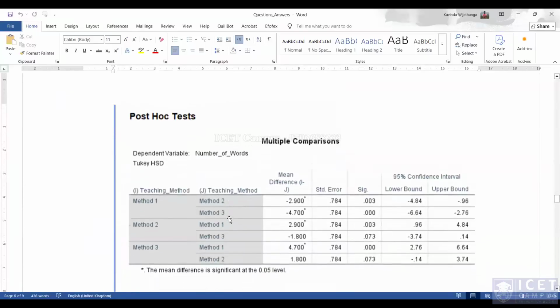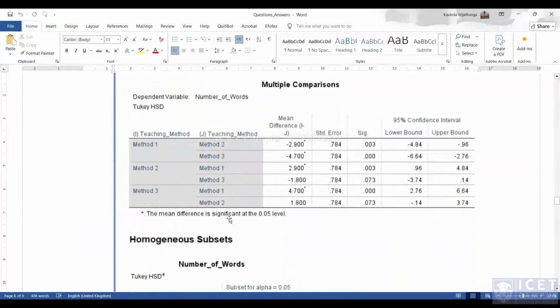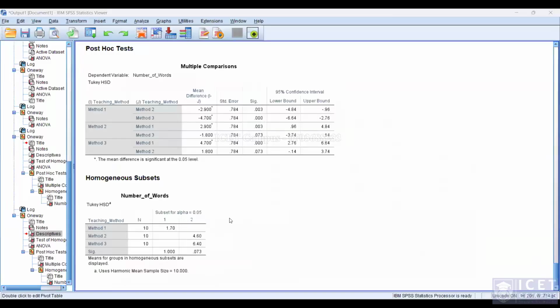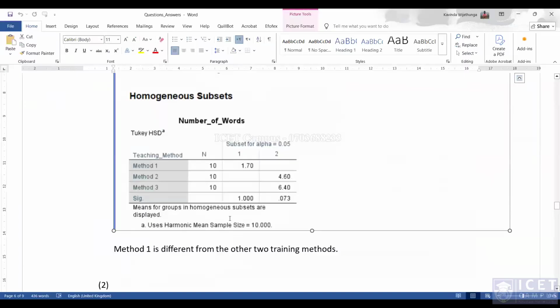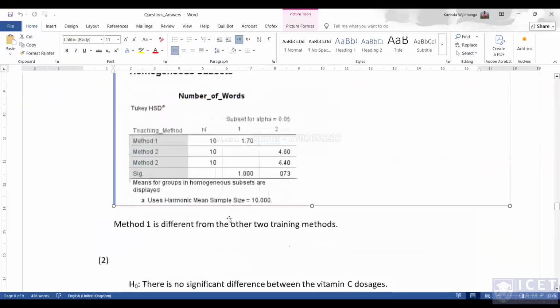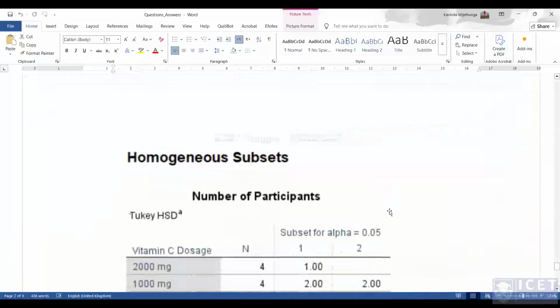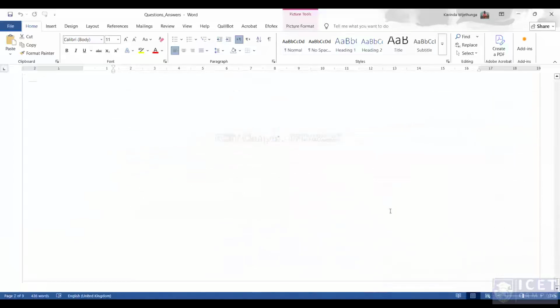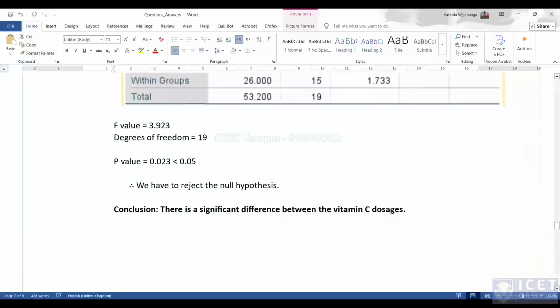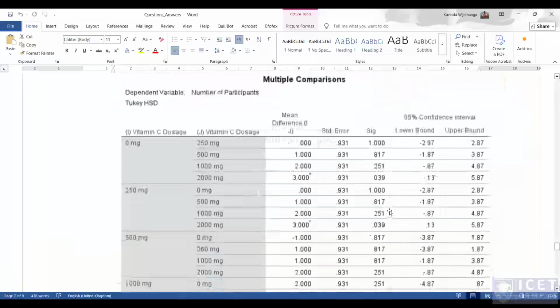Right. Then here post-hoc test you can see. Then this one, method two, right? So therefore we can see what is our p-value. P-value is 0.00. Then this rejected the null hypothesis.